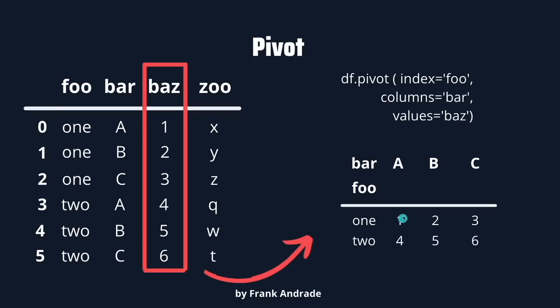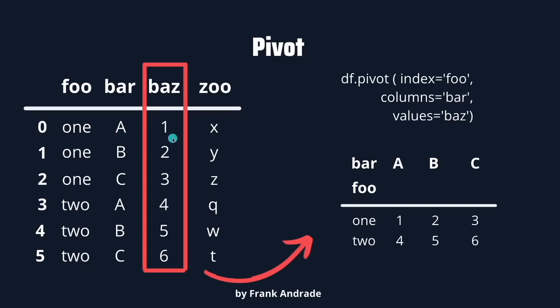So why is 1 here, 2 is here, 3 is here, and so on. Here the value is defined by the index or row and the column. So between index 1 and column A is 1. And why does that happen? Because if we go to our original data frame, we can find that here is 1, A, and the value that corresponds to that pair is the number 1.